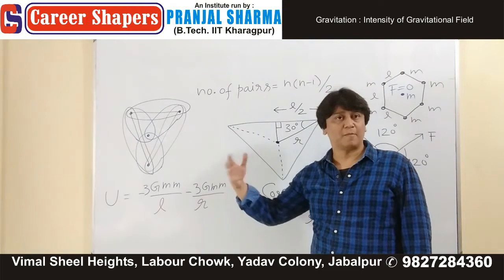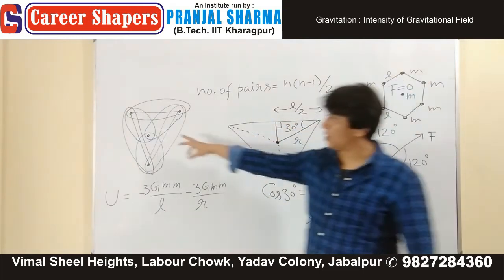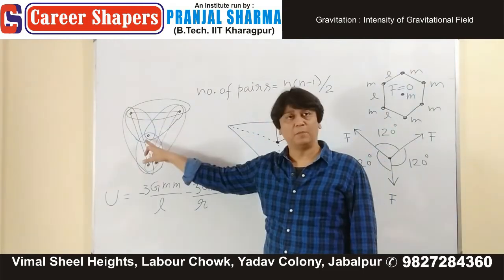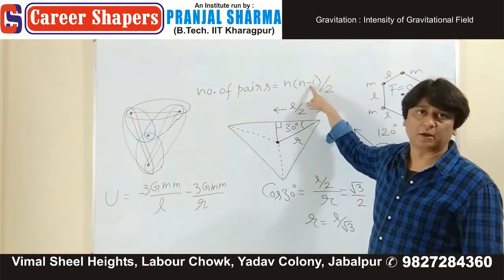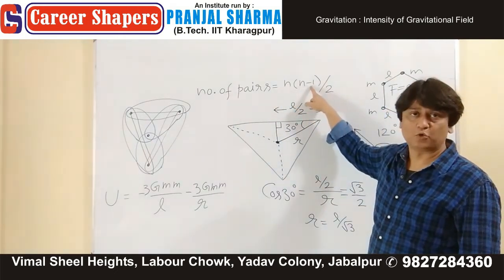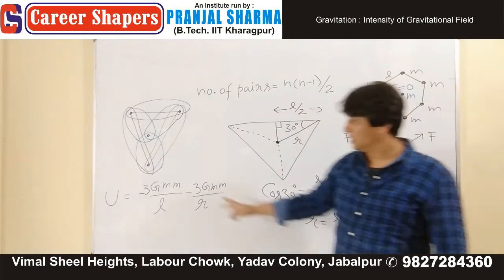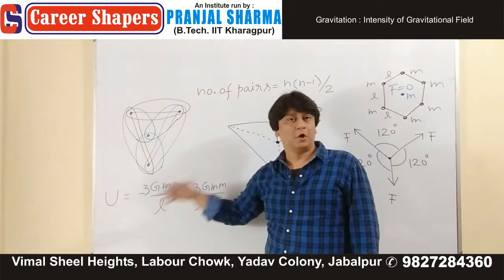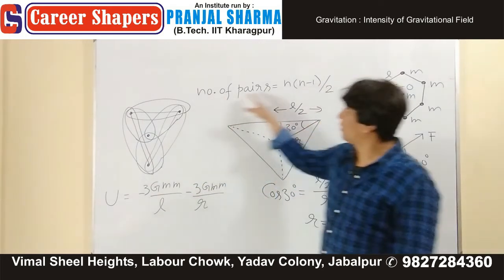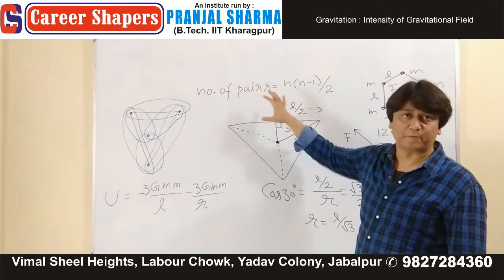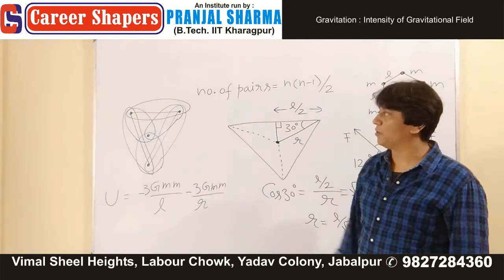This will give you number of pairs. We have got 4 masses, n is 4. 4 into 3, 4 minus 1, 12 divided by 2, 6. 3 plus 3, 6. All 6 pairs are not identical, but this formula will always give you number of pairs in this type of question.